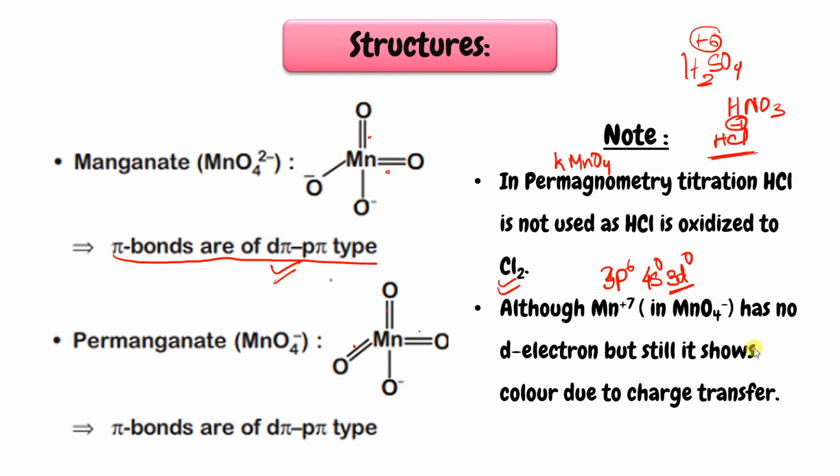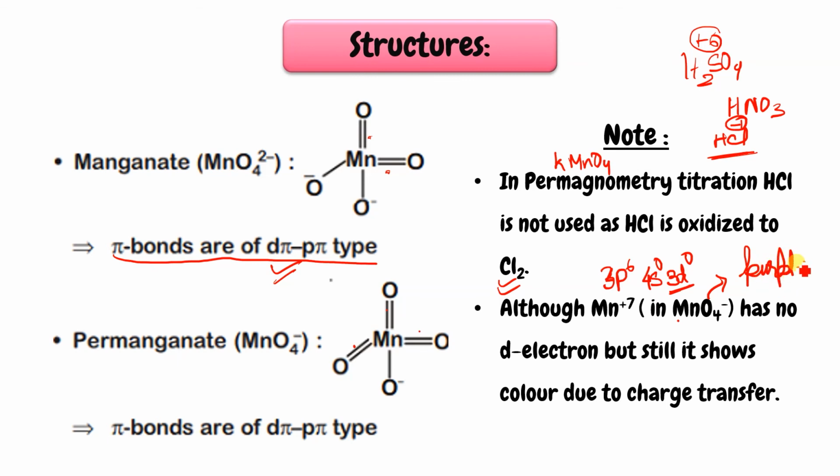You have done in the first video that because of unpaired electrons they show d-d transition, and that's why they show color. So here there is no d electron, but still it shows color, purple color. Yes, KMnO4 is purple in color.